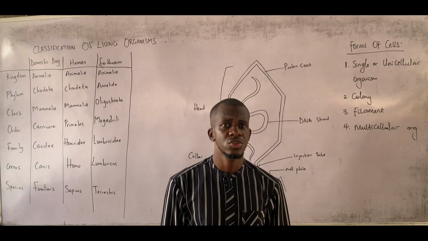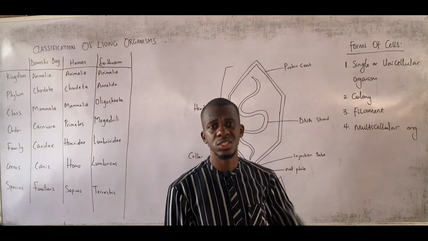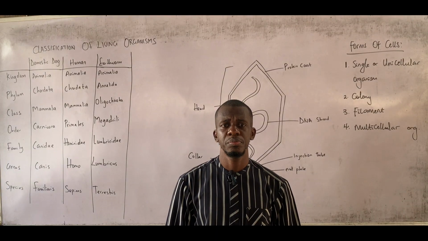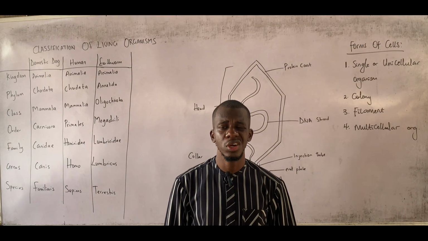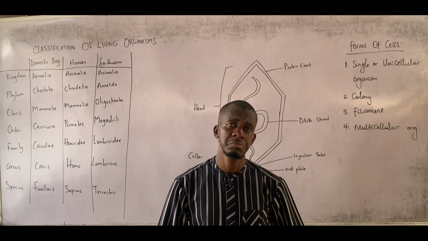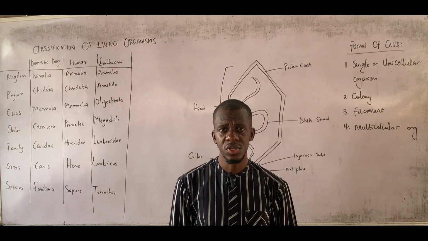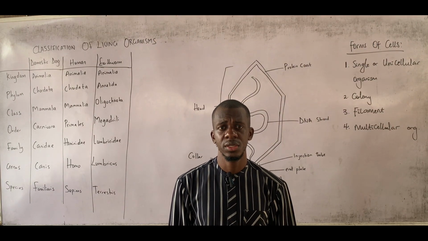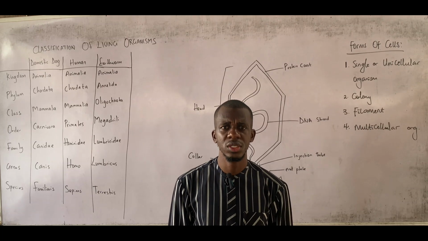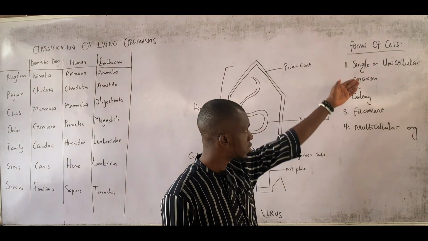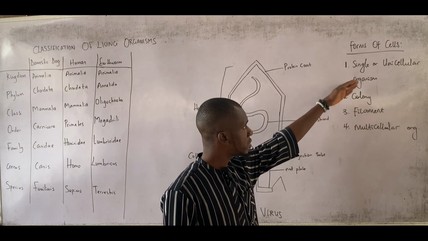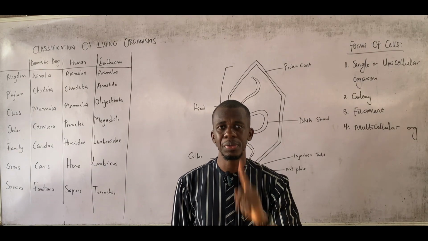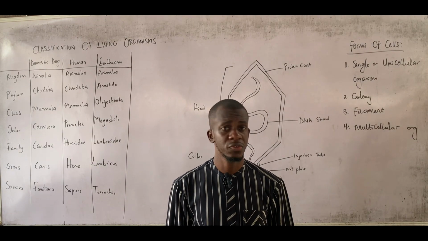A cell can be unicellular, just like in basic organisms like your bacteria. Some other organisms also belong to this category. Unicellular means made of one cell, that is, made of one particular type or kind of cell.